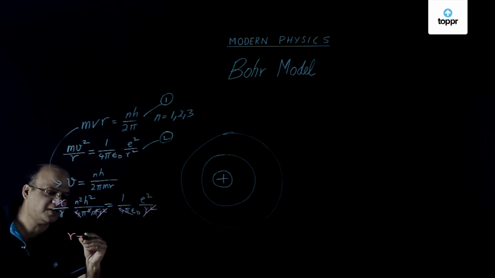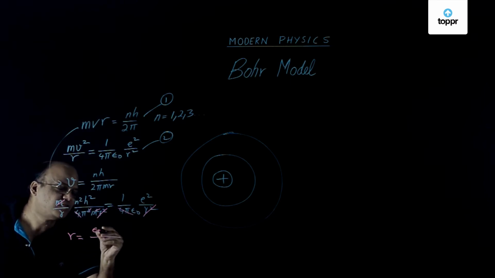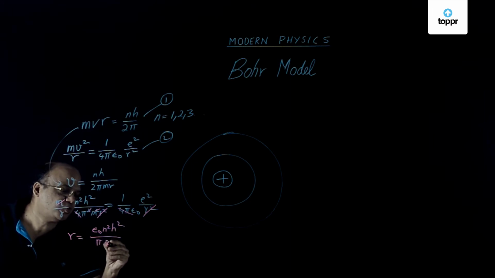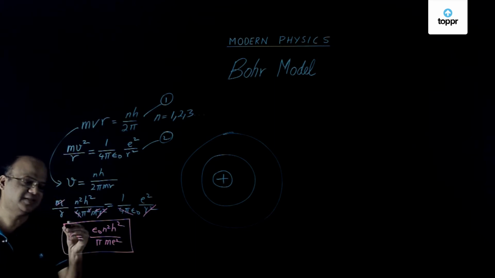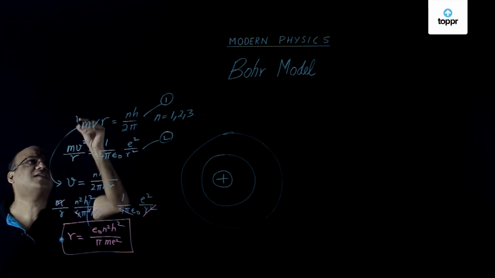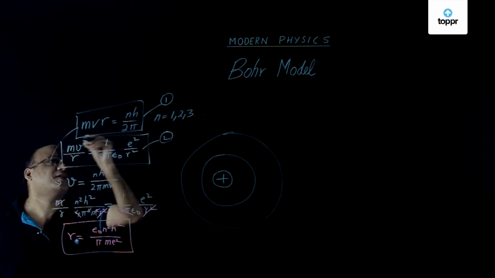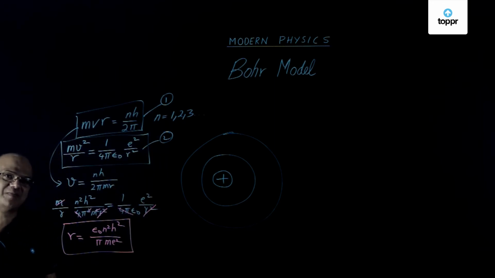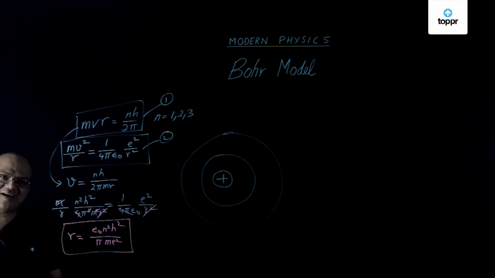So, r becomes epsilon naught n square h square by pi m e square. This is the equation that you need to memorize. Very easy. You can derive it also very easily if you know mvr is nh by 2 pi and mv square by r is 1 by 4 pi epsilon naught e square by r square. Just get v from here, put it here, you get r.